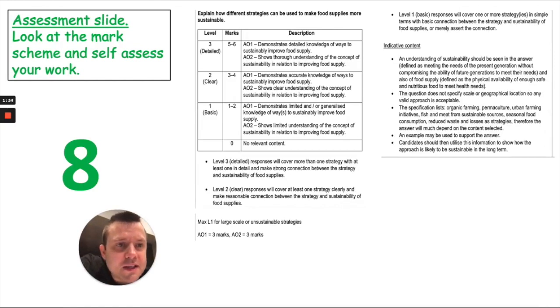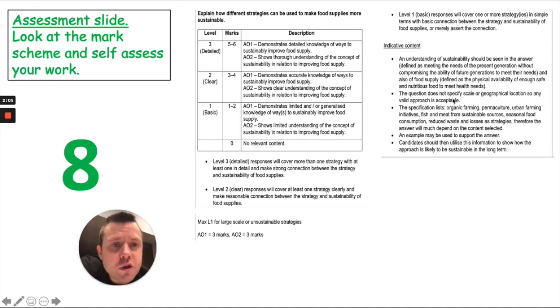Right, so indicative content. An understanding of sustainability should be seen in the answer, and there's a definition for you. I would probably, when I see the word sustainability, sustainable development, I would define it. That's probably my advice. Sustainability means, and obviously link it to healthy and nutritious food.